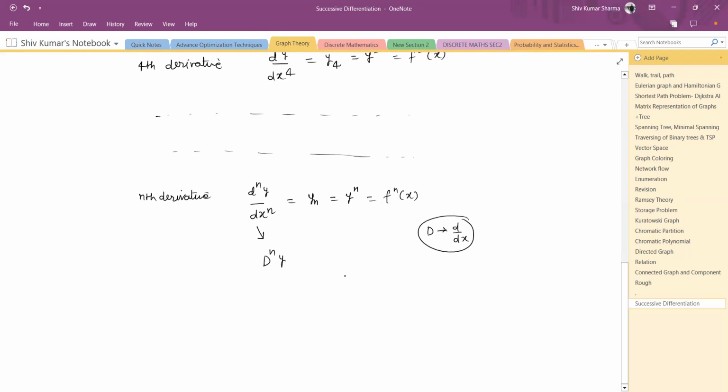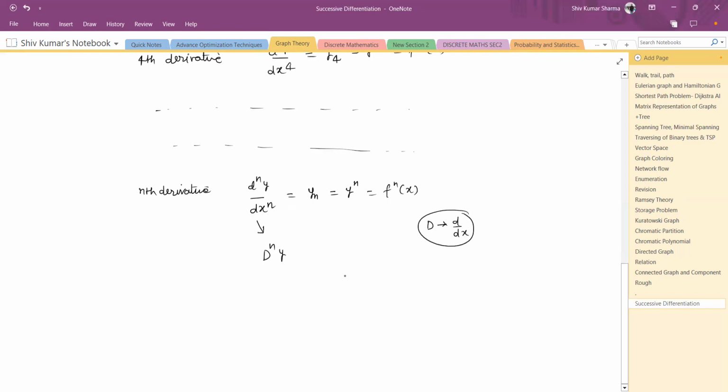Now we move to the nth derivative. How do we calculate the nth derivative? Suppose we have the function y is equal to x square. When we calculate the first derivative, denoted y1 or y dash, with respect to x, this is our equation 1.